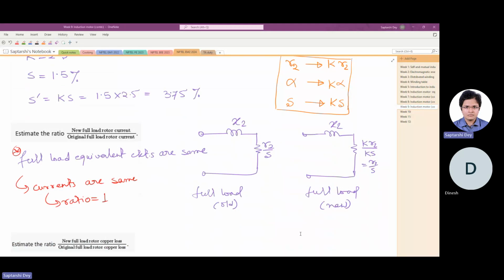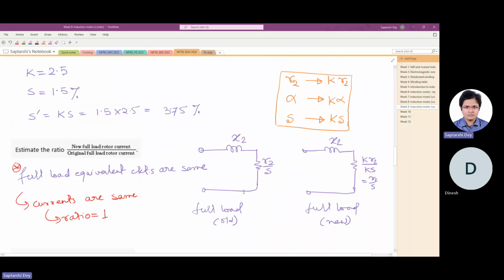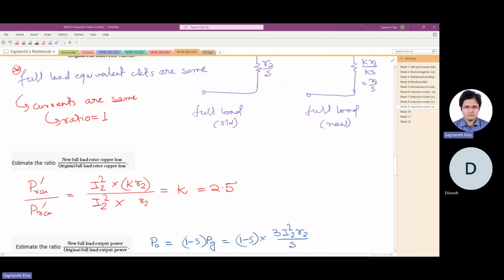So before and after the increment of the rotor resistance, the full load current does not change, right? So I2 squared, I have written both the cases. Sir, this R2 by KS2, it should be like that.